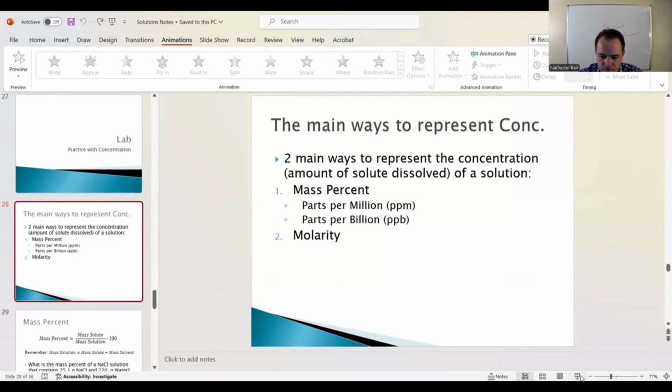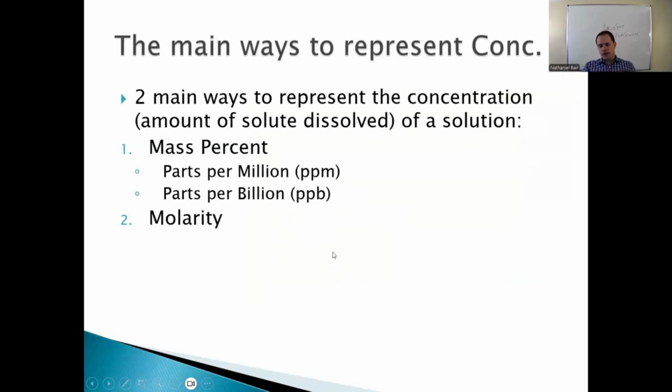Here we go. So there are two main ways to represent concentration. Concentration tells you how much stuff is dissolved in a solution, and there are two main ways to do that. Mass percent, and I put parts per billion under mass percent, we'll talk about that in a moment, and then molarity.